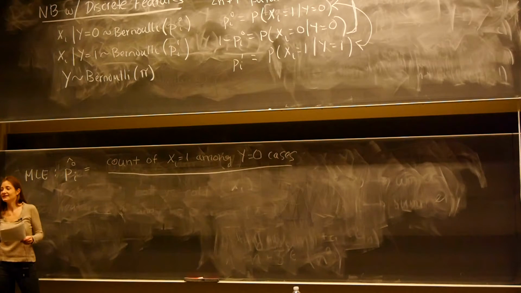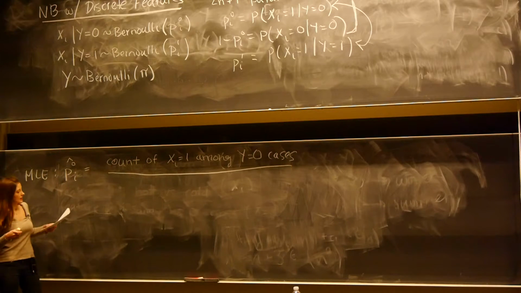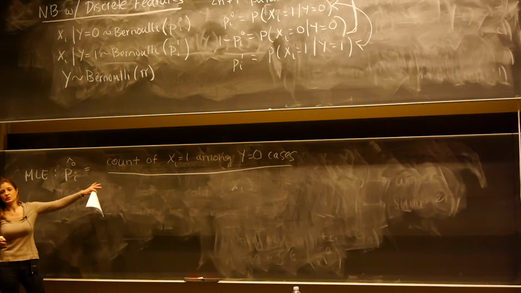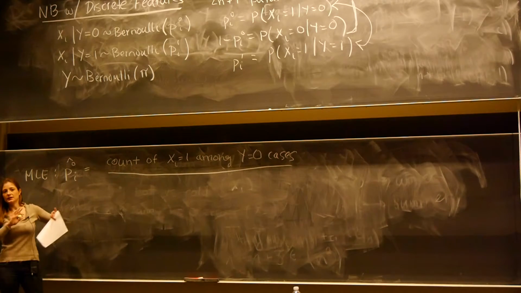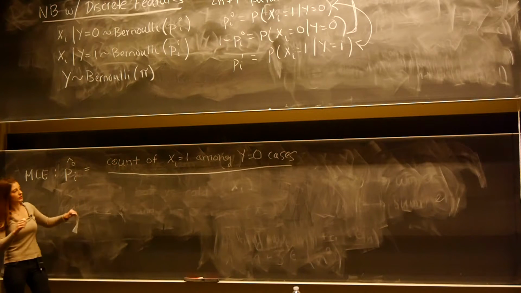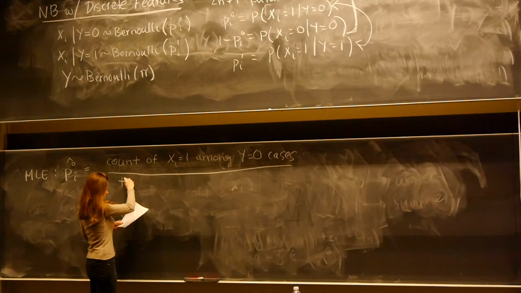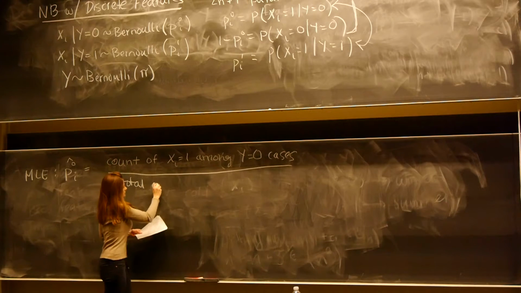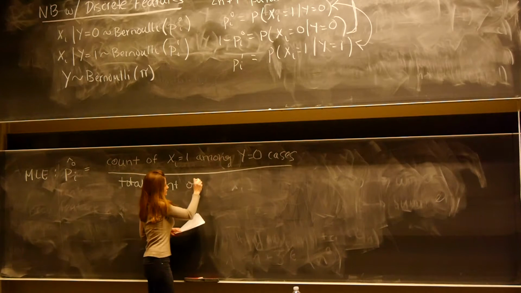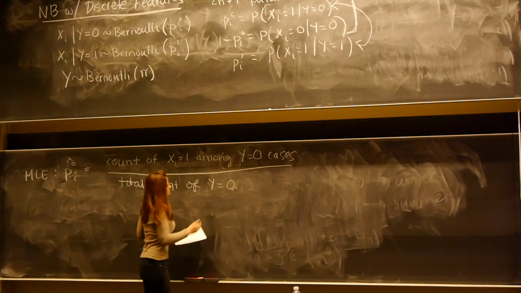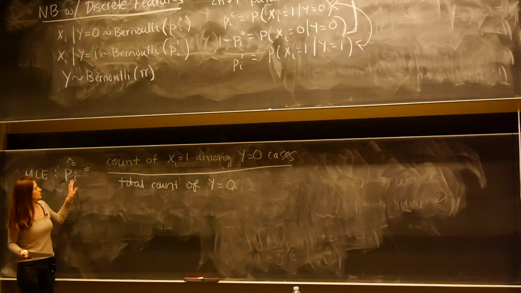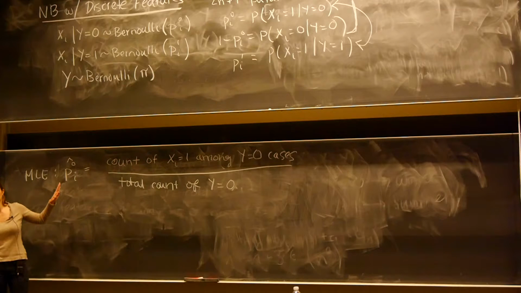So it's the total number of cases in which y equals 0. Not the complete total, just the total number of cases where y equals 0. That's because it's this conditional probability: what's the probability xi equals 1 given y equals 0?